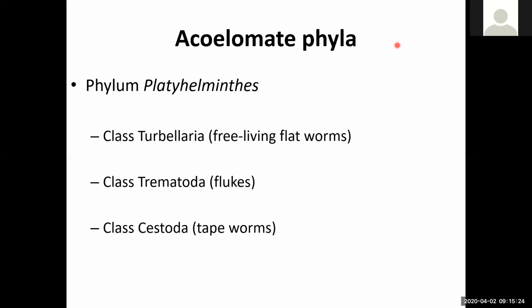And then finally, we have the Cestoda, sometimes seen with a spelling with an IA at the end, which is the tapeworm class. Again, a flatworm, but in a very interesting way.